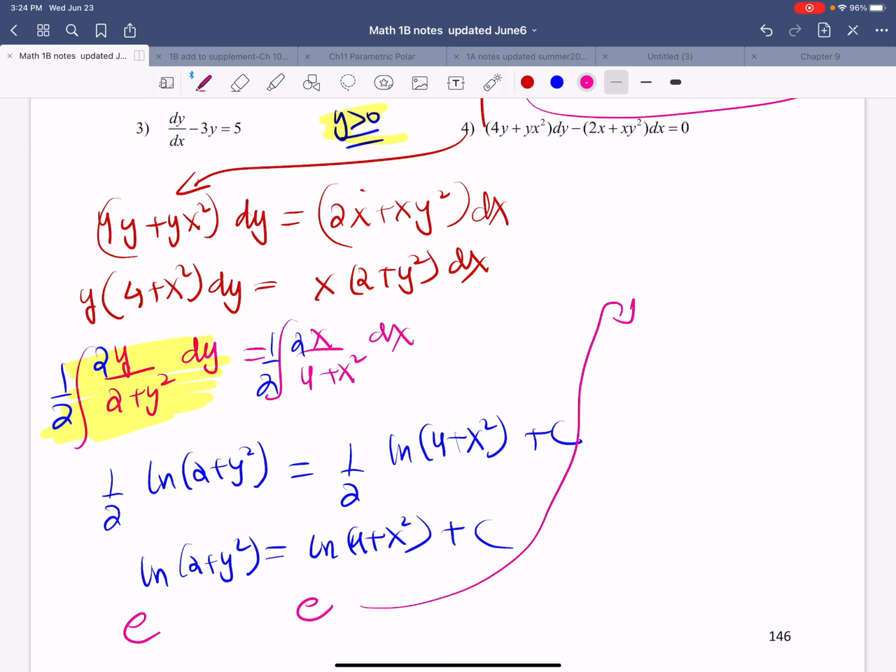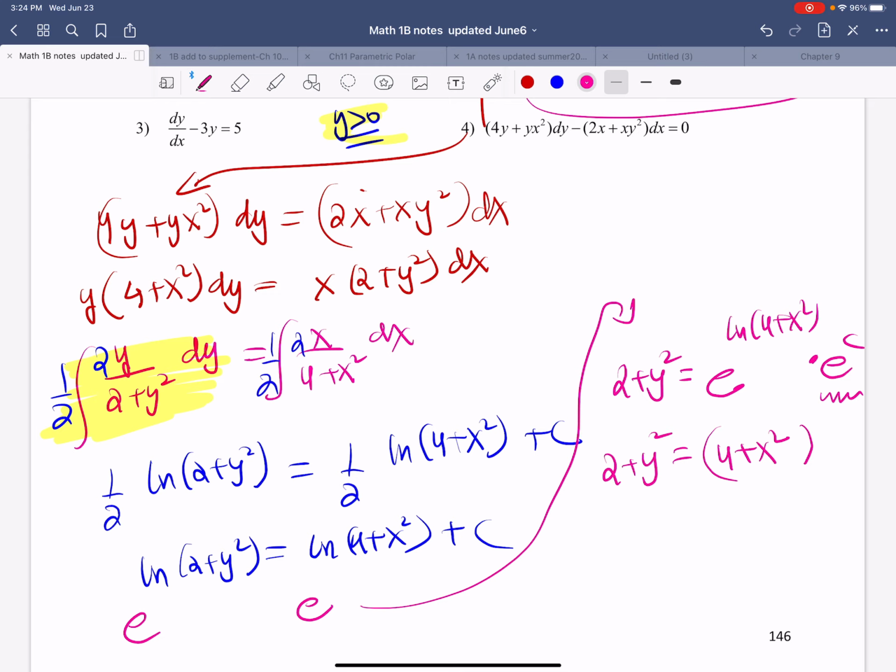Let me rewrite it here. So this would be e to the power natural log of 4 plus x squared times e to the power c. e to the power c is a constant, so 2 plus y squared is equal to 4 plus x squared times a constant, which is c.